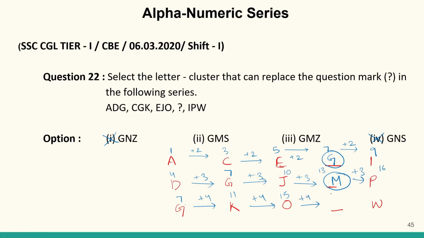So we'll increase it by 4 positions. We'll get the 19th position. And the 19th position is S. Let's check. If I increase 4 positions from the 19th position, we'll get the 23rd position, which is W. So our answer will be G, M, S, which is option number 2. So option number 2 is your correct answer to this question.